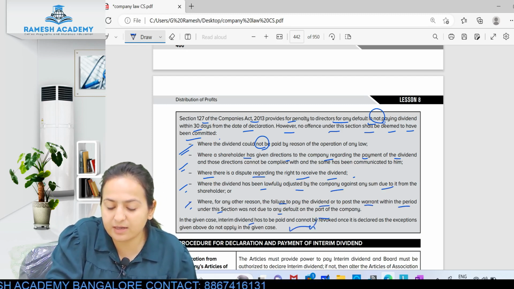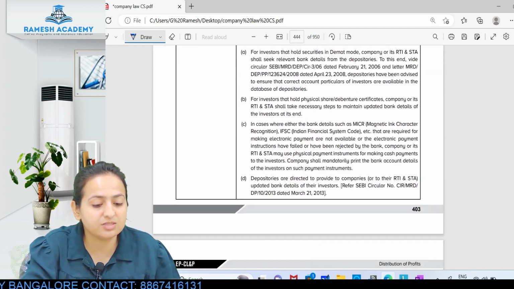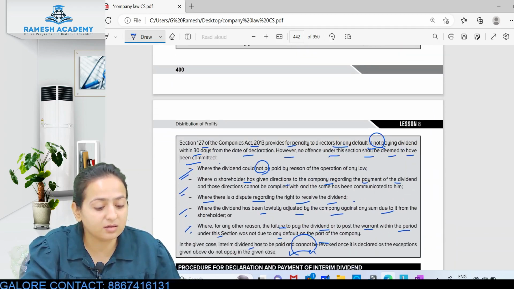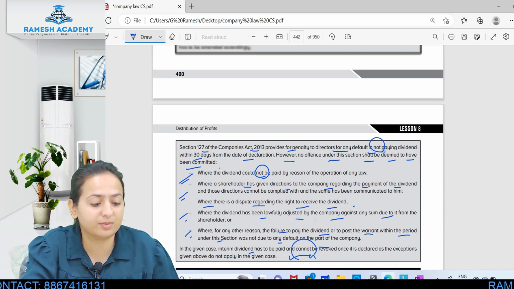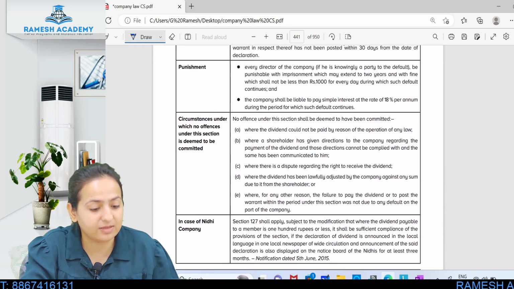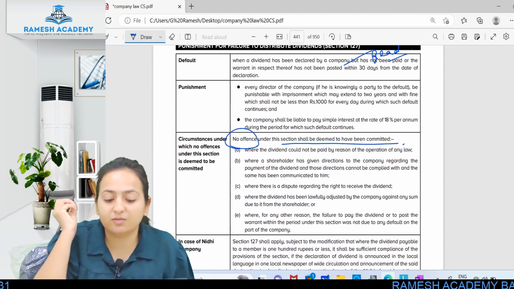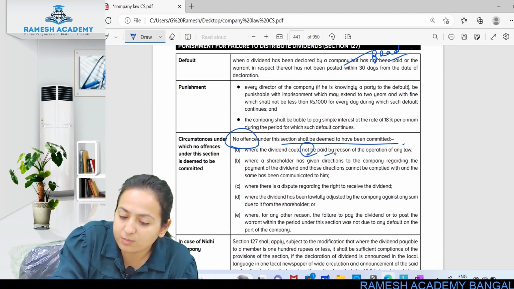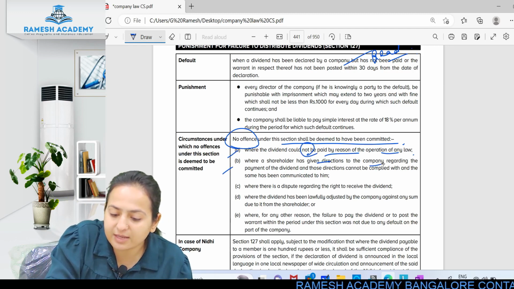Interim dividend has to be paid and cannot be revoked. Only in a few situations is there an exception. Section 127 has stated no offence will be deemed to have been committed where the dividend could not be paid by operation of law. Then where the shareholder has given direction to the company regarding the payment of the dividend and that direction cannot be complied with.